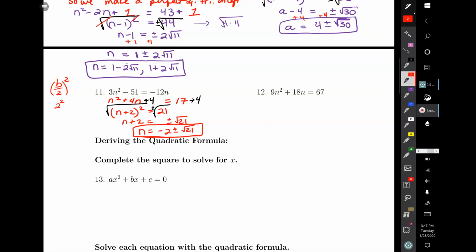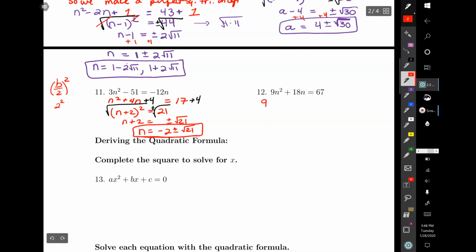All right, so this one is a bit trickier because we have this coefficient of 9 that's going to cause us a little bit of problems, but we can manage it. The first thing we want to do is factor that 9 out of just the expression here on the left. It's kind of like how we did factor by grouping. So we're going to rewrite this as 9 times an expression.